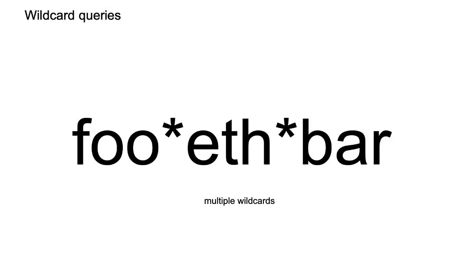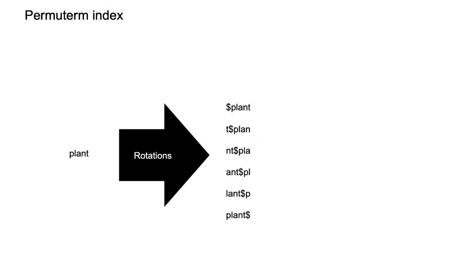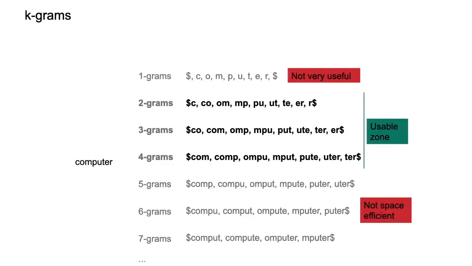But if you have a B plus tree, then you can easily process a wildcard query if the wildcard is at the end. And in the case that the wildcard is not at the end, but in the middle, then we had a new trick that is called the permuterm index, where you compute all the rotations of every word, and that is how you actually manage to process wildcards when they are not at the end of the query, right?